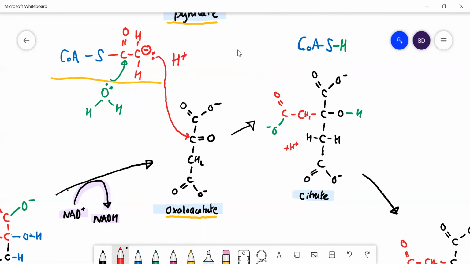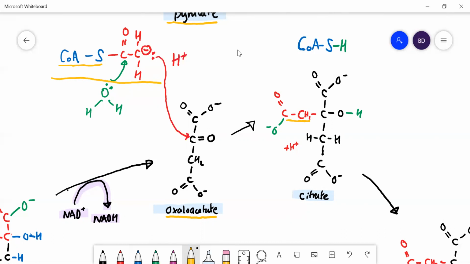Okay, so if you do that, you can now see that those red carbons have been transferred onto the oxaloacetate, and it's now making citric acid. You can see those two carbons there, drawn in red. The green oxygen, well, that comes from, you can see here, the coenzyme A has got to be split off from the acetyl-CoA.